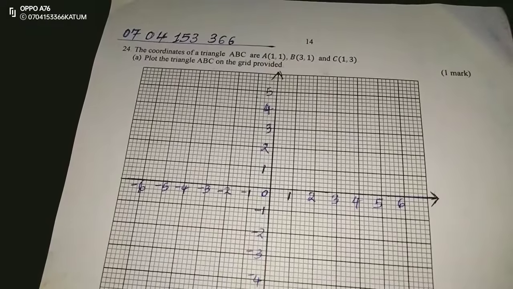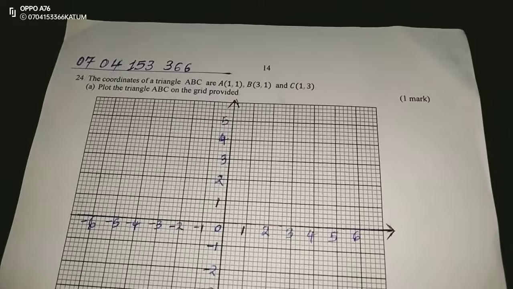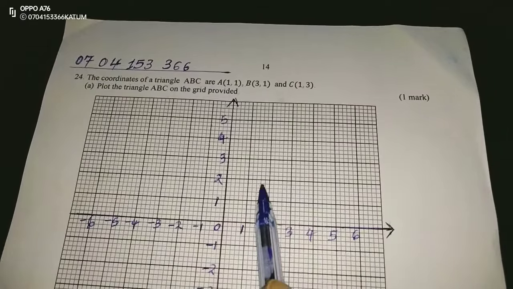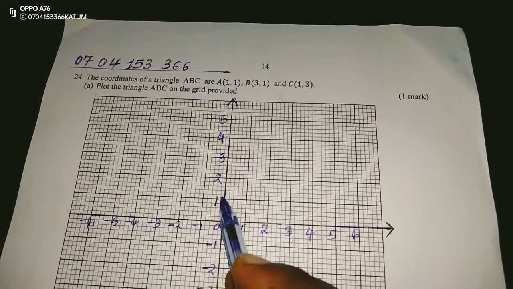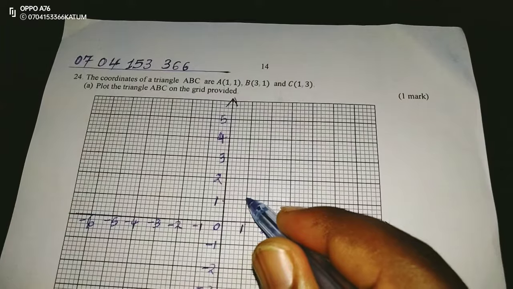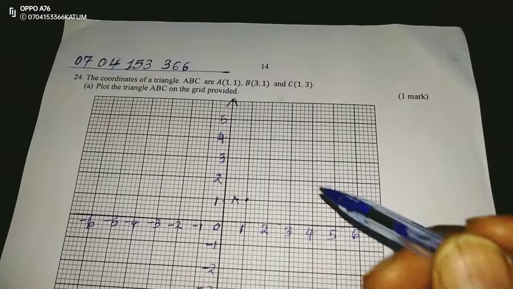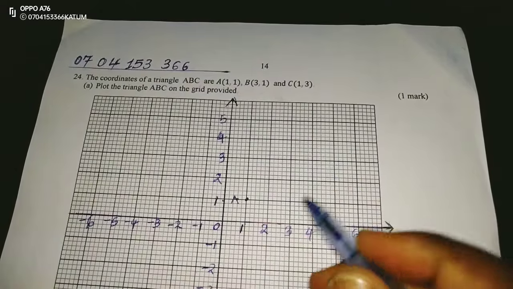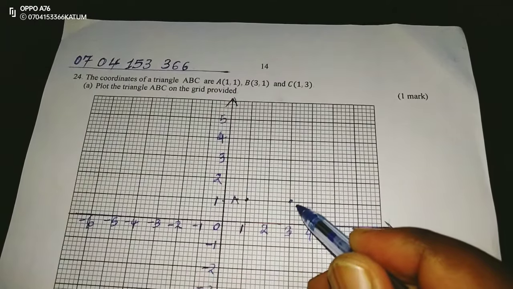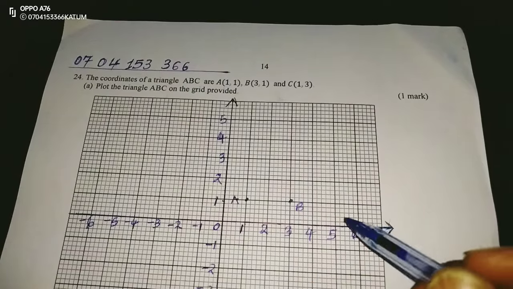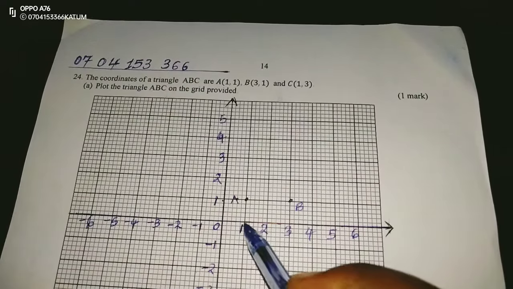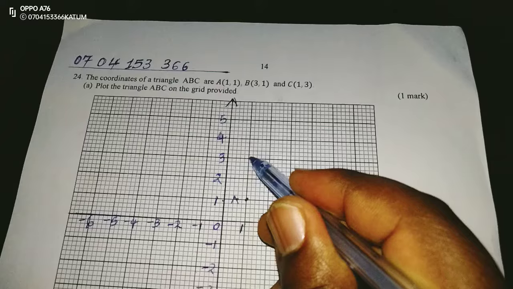So on this grid, we're going to plot the triangle ABC, whereby A is (1,1). So 1 against 1. This is the point A. Then B is (3,1). That is where B is. Then C is (1,3).